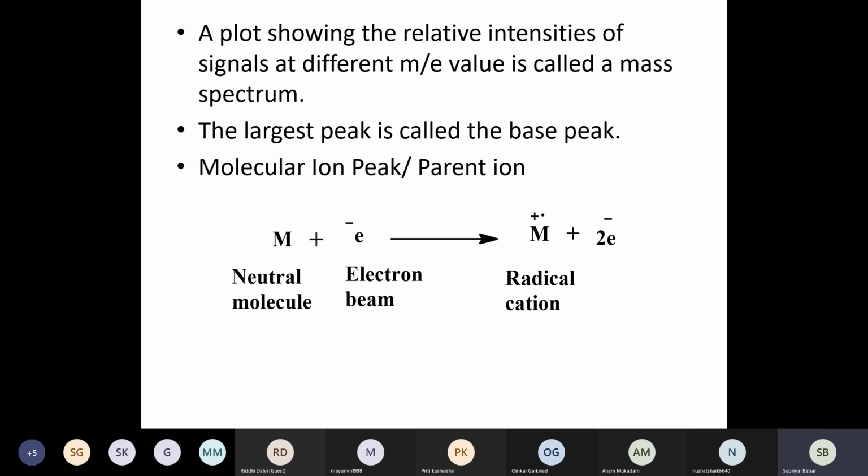So see what is written here: during the formation of the molecular ion, the electron of lowest ionization potential is removed.